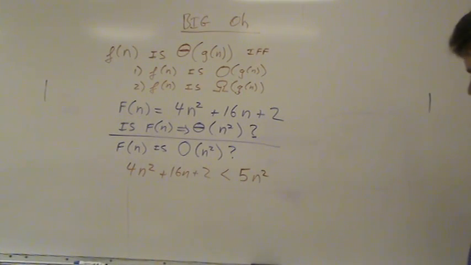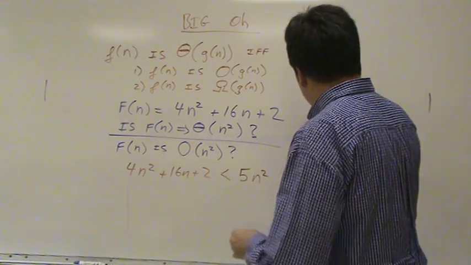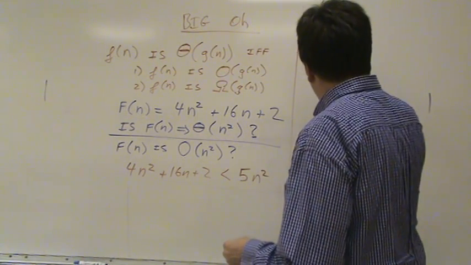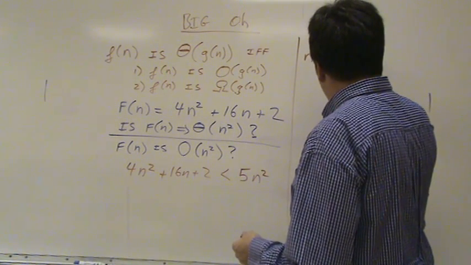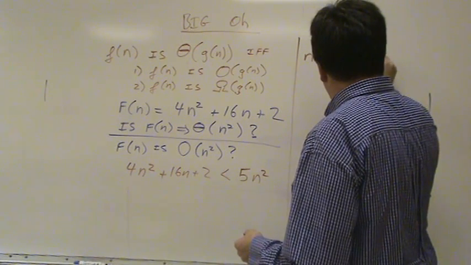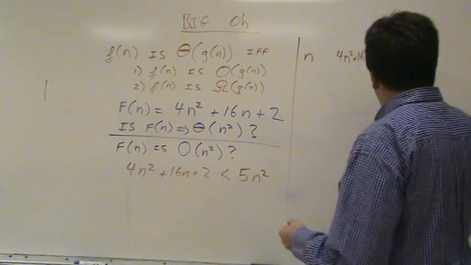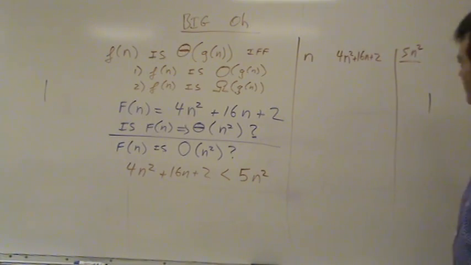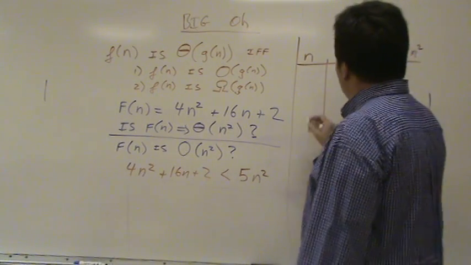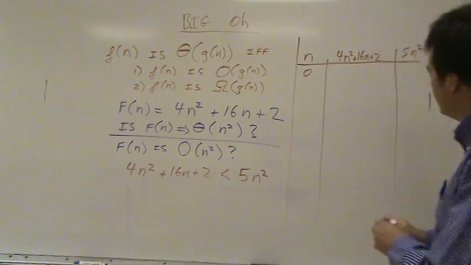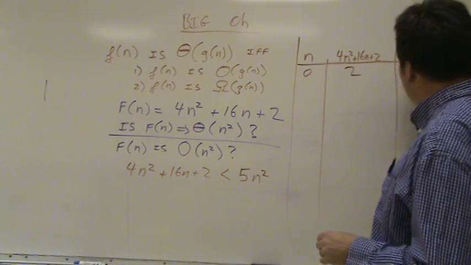What happens now? For different values of n, here's the function 4n squared plus 16n plus 2, and then here's 5n squared. Let's see what happens. When n is 0, this is 2, and this is 0.